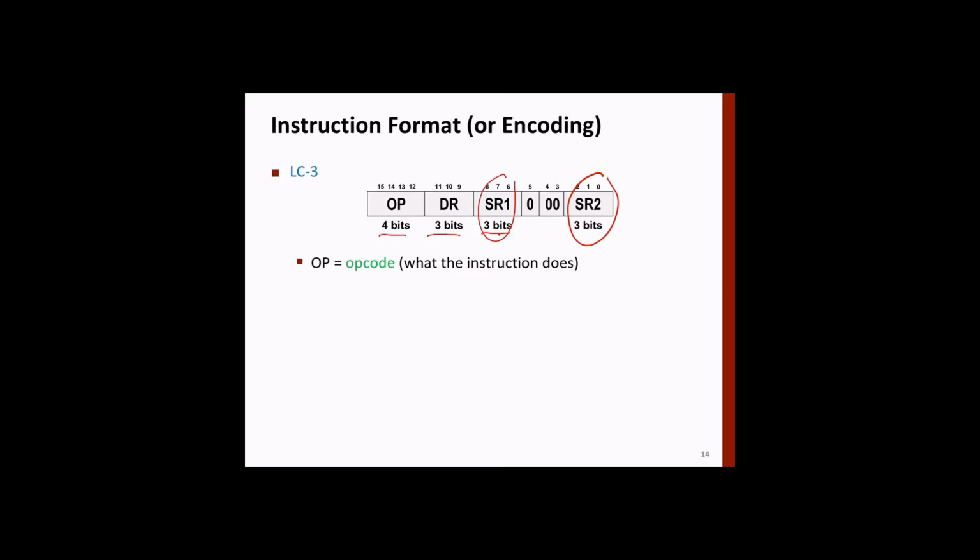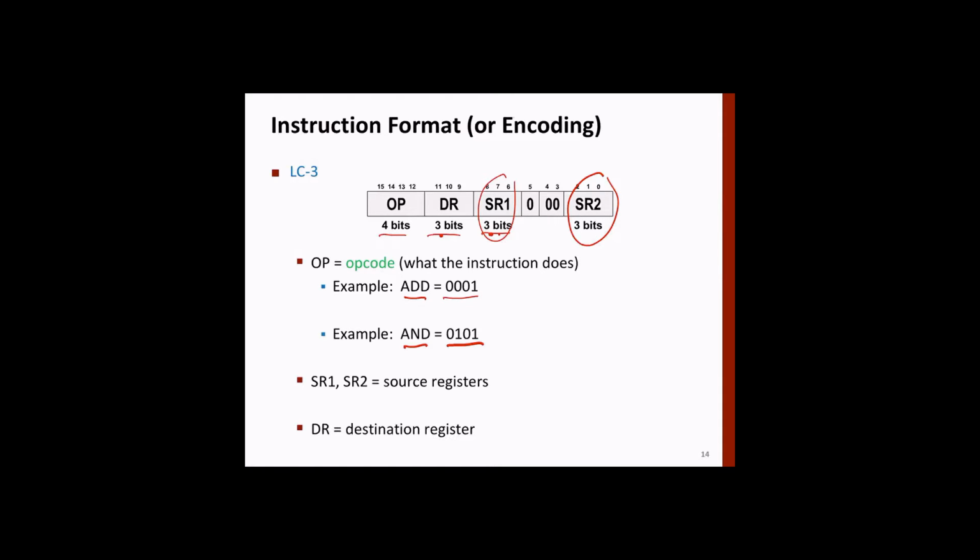Somewhere one bit is missing, or what? 7 plus 10 plus this makes 16, right? So we have the opcode, and for example here the opcode corresponding to add is 001. The opcode for logical AND is 101, and so on.